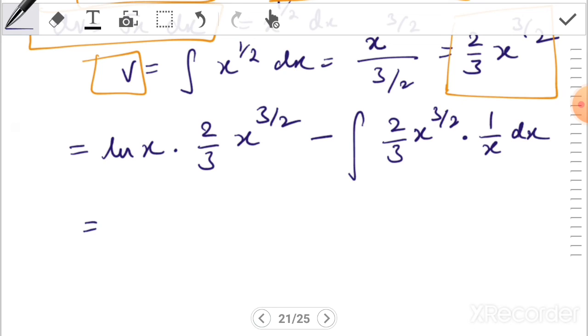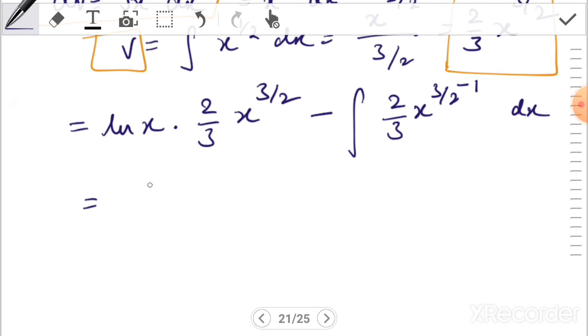Again, this is x^(3/2 minus 1), which is x^(1/2).